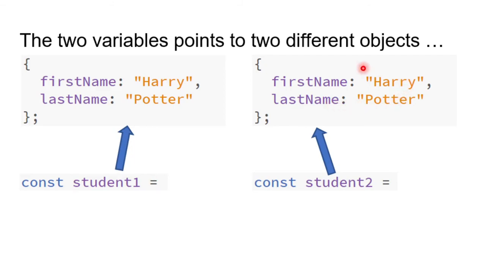Here's another object with first name Harry and last name Potter, and the student2 points to that. So the two variables point to two different objects, so it's not the same object, even though they are completely identical. So think of them maybe as twins. It's not the same person, but they look a lot alike.